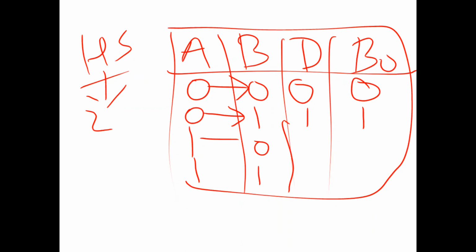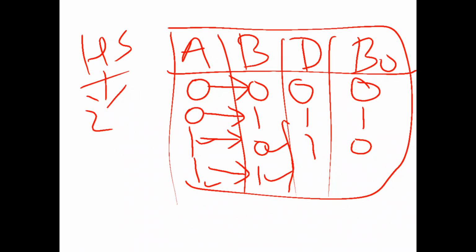Similarly, when 1 minus 0 is there, 0 needs to be subtracted from this value 1, so the difference again will be 1 with borrow value 0, and if 1 has to be subtracted from 1, the difference will be 0, with borrow value 0. So this is the case that one has to take care of.